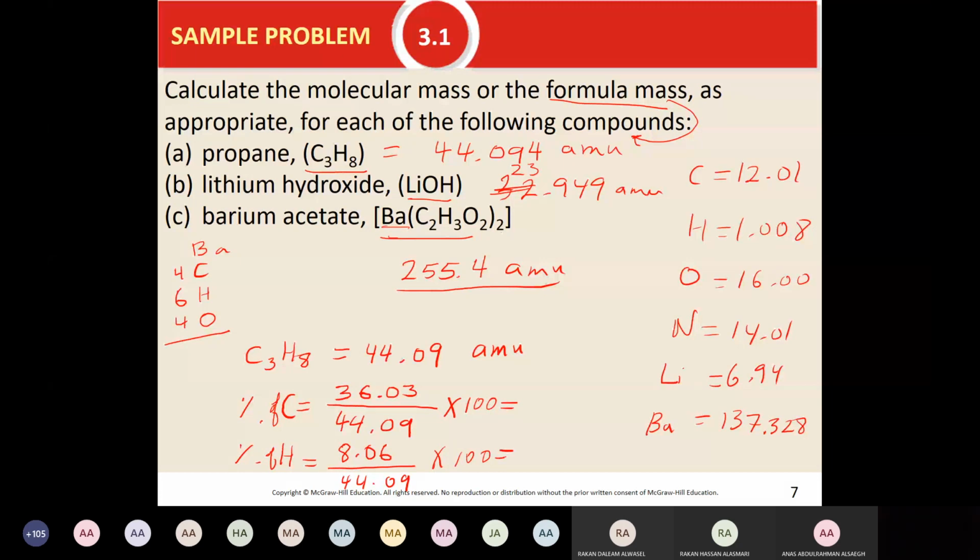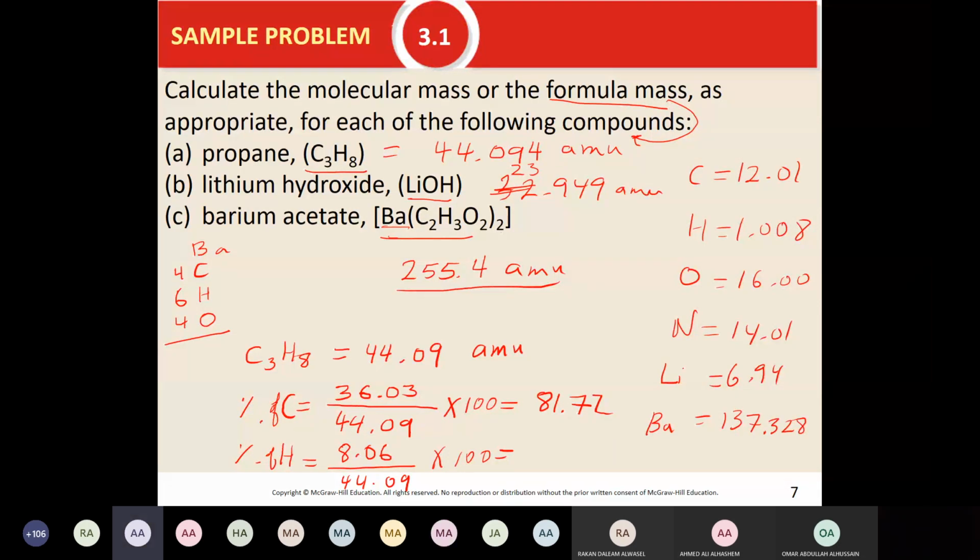And I need an answer. What's the answer here? For carbon, 81.71 or 72? 72, because after one is 9. 81.72. Good.